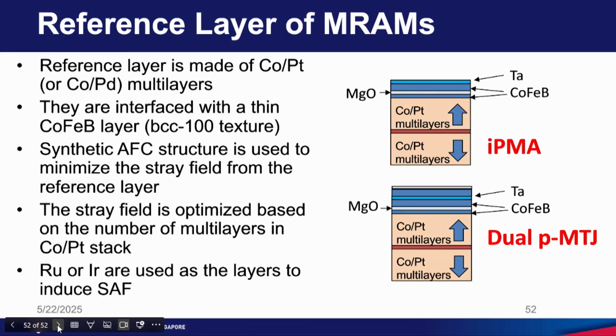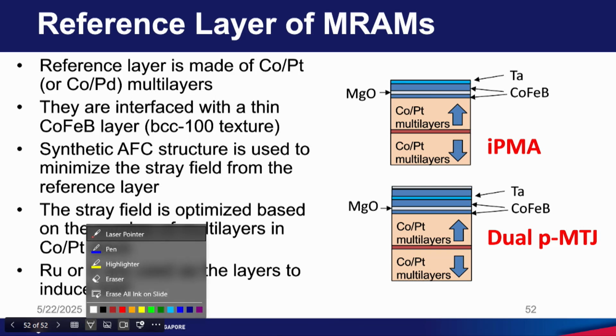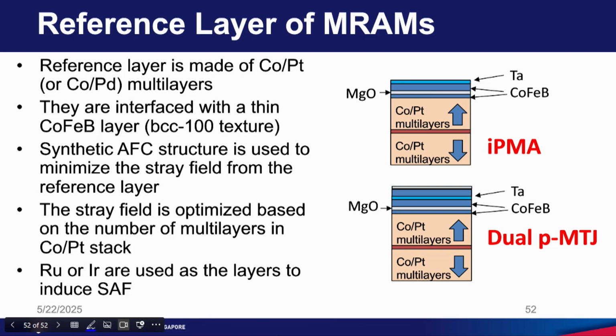Okay, so far we have been only learning about the free layers. The free layer can be tantalum, cobalt and boron, magnesium oxide, or it can be a dual PMTJ. So we have been focusing only on this layer, but I haven't told you how the whole stack of MRAM will look.